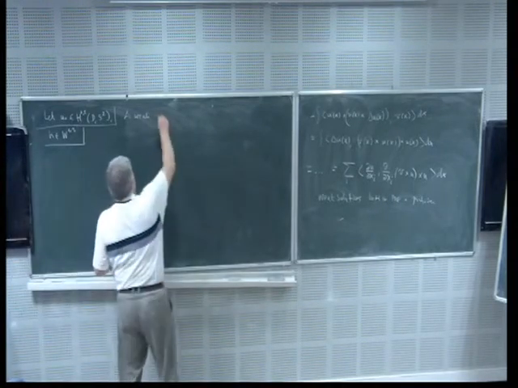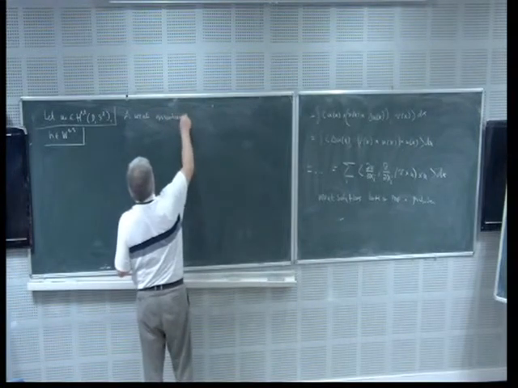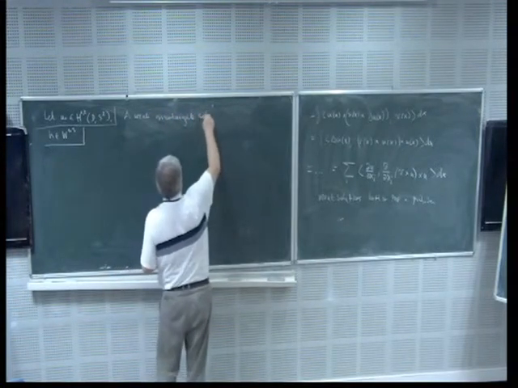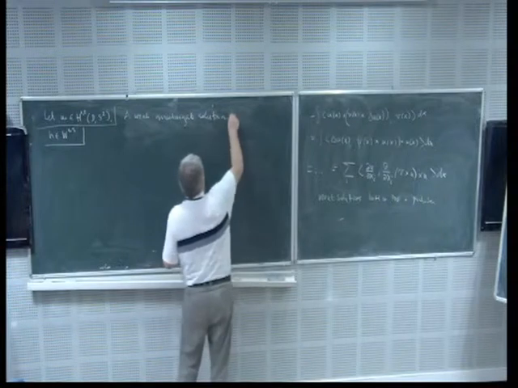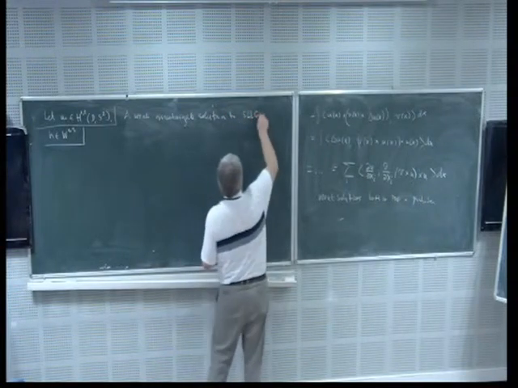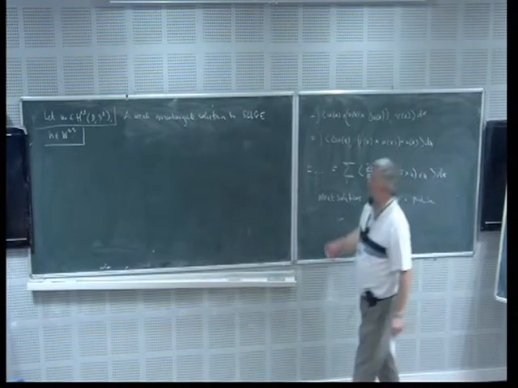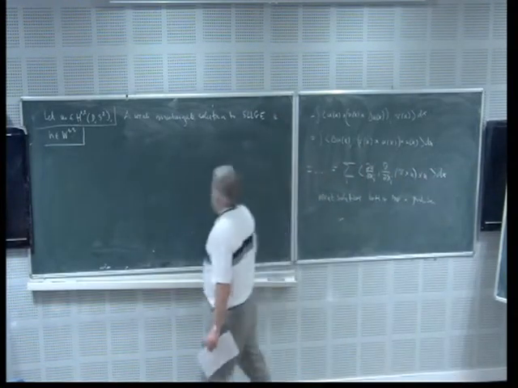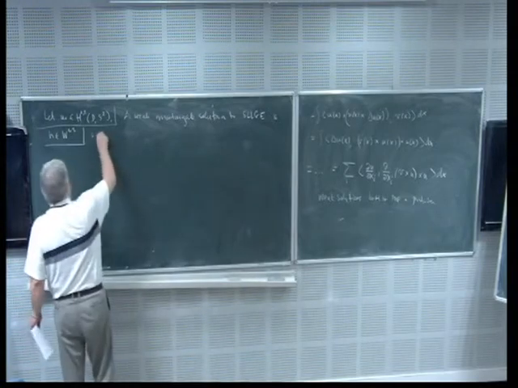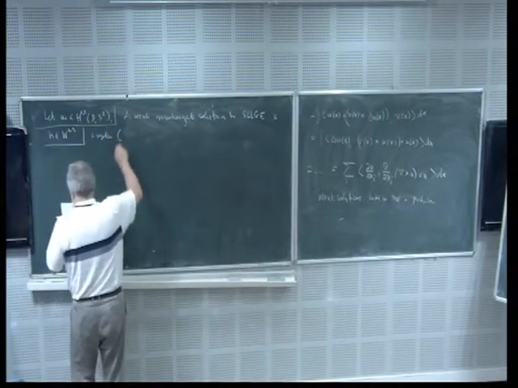A weak martingale solution to our problem, to the stochastic Landau-Lifshitz-Gilbert equation, which is this one, is a system, and the system is very long.